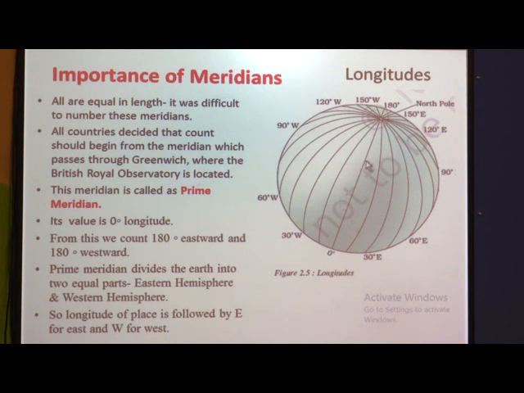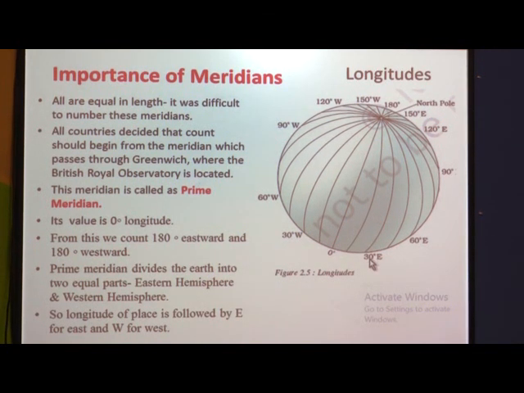If we want to locate any place on the globe, we have to write E for the eastern and W for the western hemisphere.